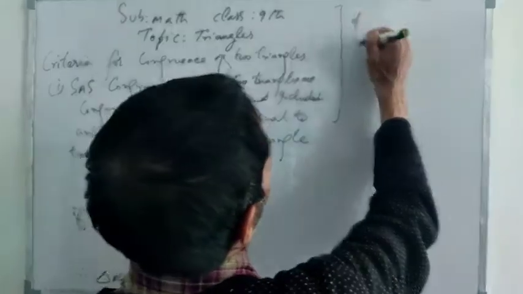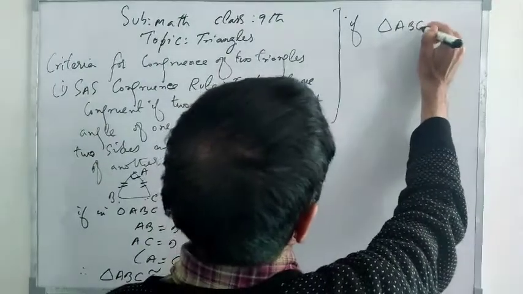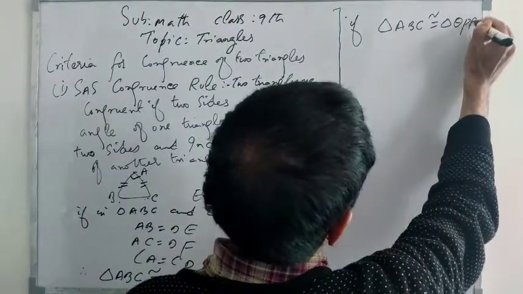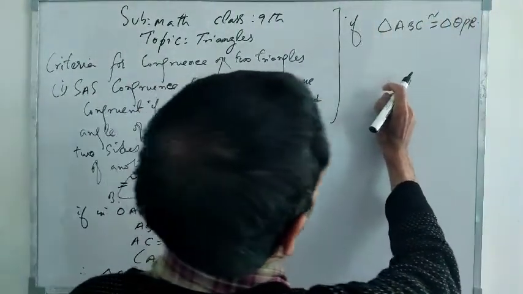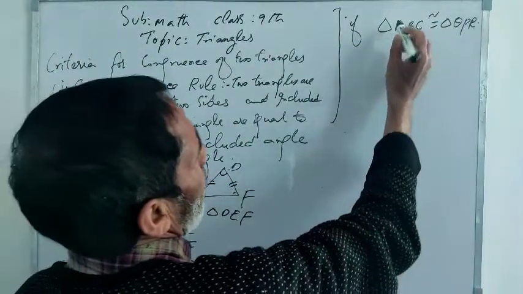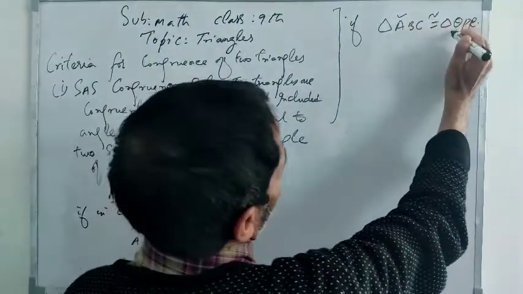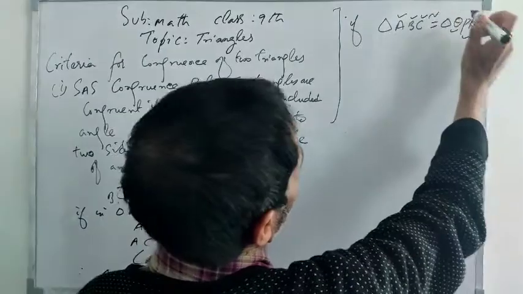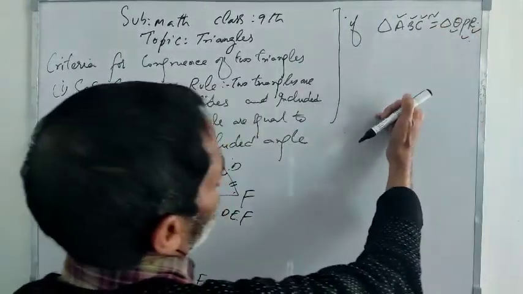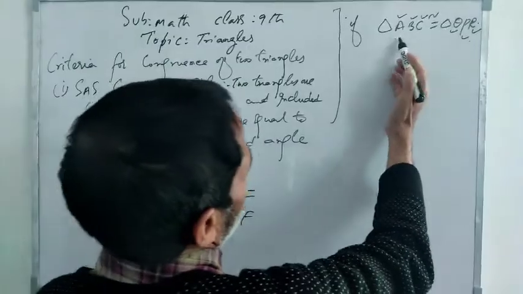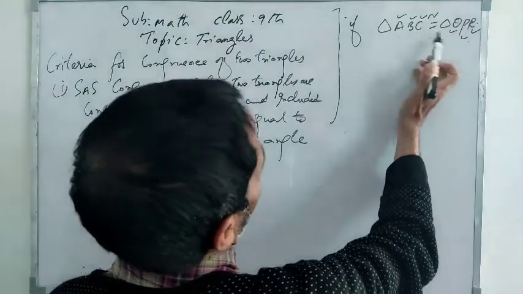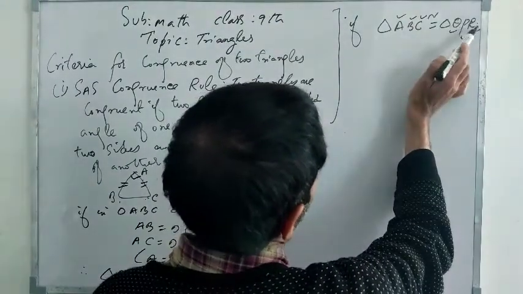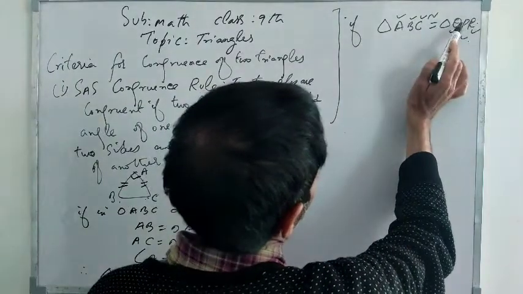If triangle ABC is congruent to triangle QPR, this will state that angle A will correspond to angle Q, angle B will correspond to angle P, and angle C will correspond to angle R. AB side will correspond to QP side, BC side will correspond to PR side, and AC side will correspond to QR side.